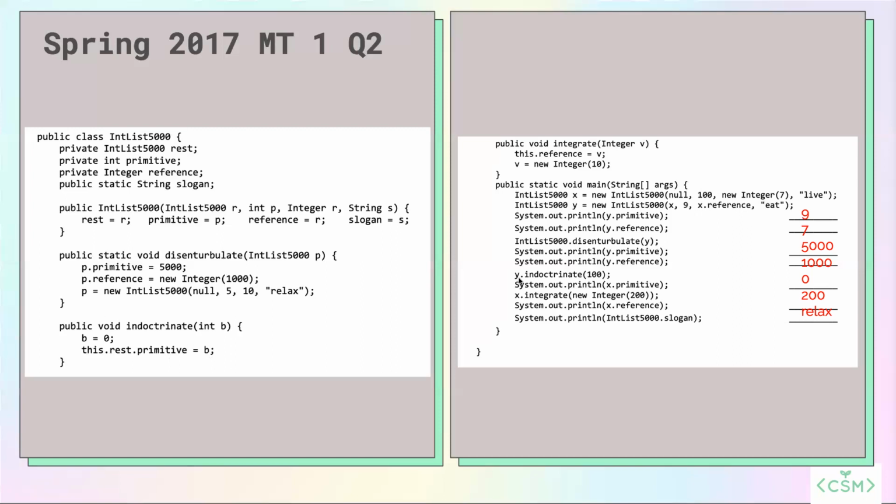So what we want to do is take the rest of Y. So let's reference what Y's rest was. Y's rest is going to be X, and then we set X's primitive to be B, which is 0. So that's why calling X.primitive gets us 0. That one was a little harder. Does anyone have questions on that?